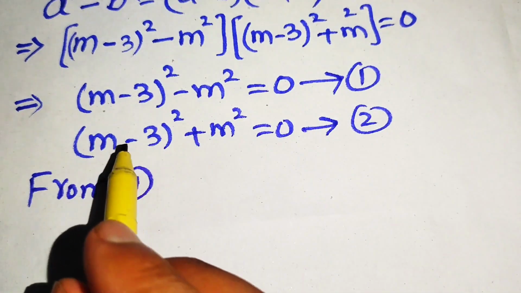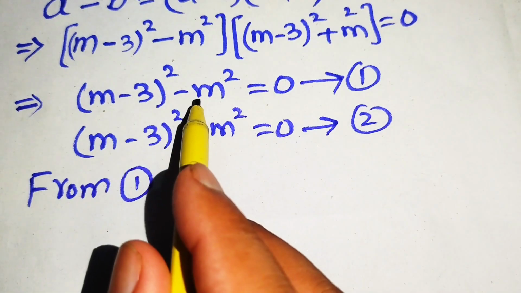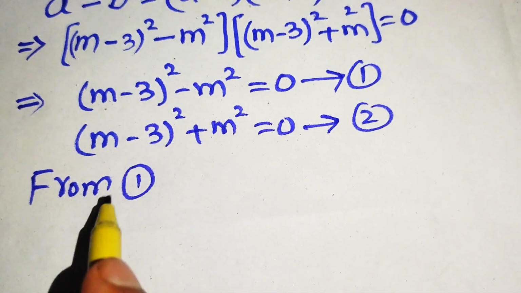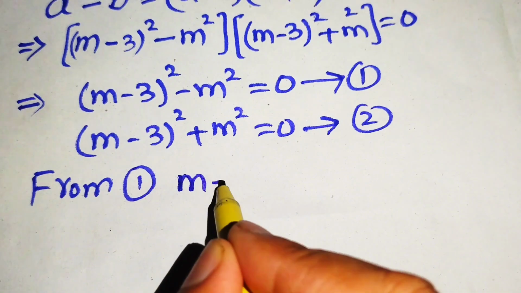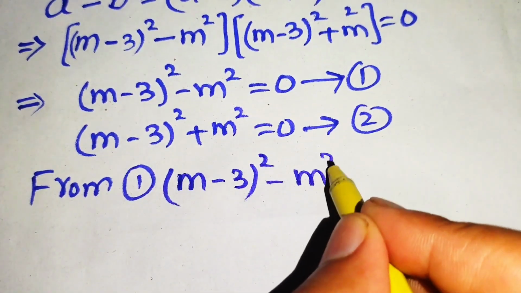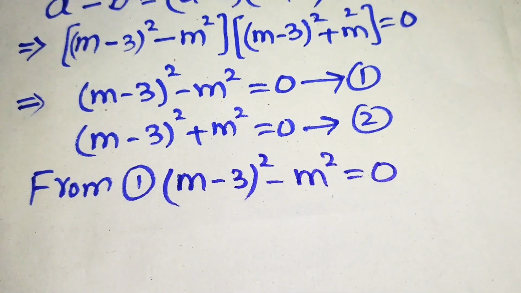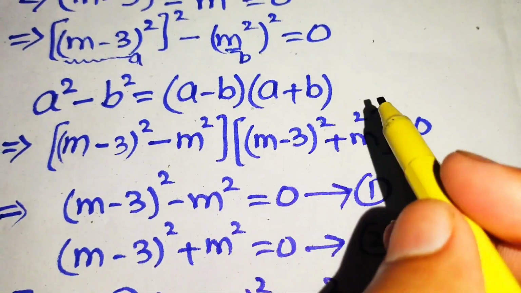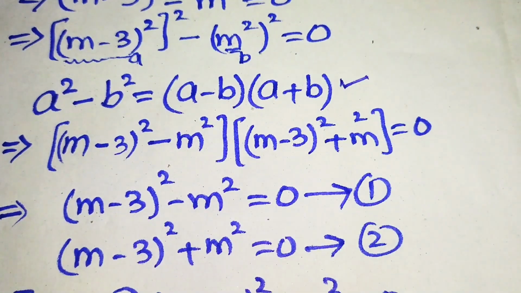From equation number 1 we have (m − 3)^2 − m^2 = 0. We first copy down this equation, and again we use this nice formula.